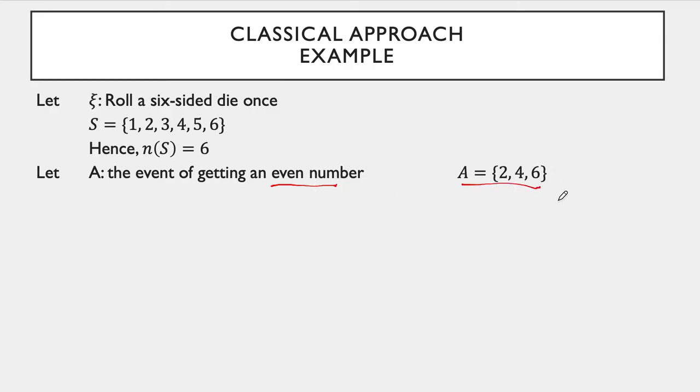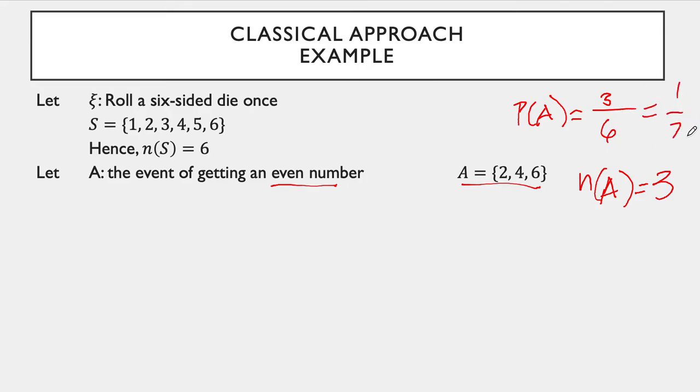The n of A is clearly 3. So the probability of A is n of A, which is 3, divided by n of S, which is 6, which is 1 over 2, or 1/2.